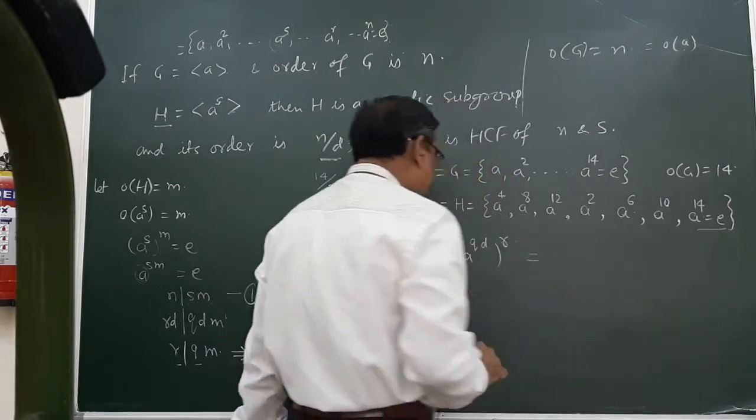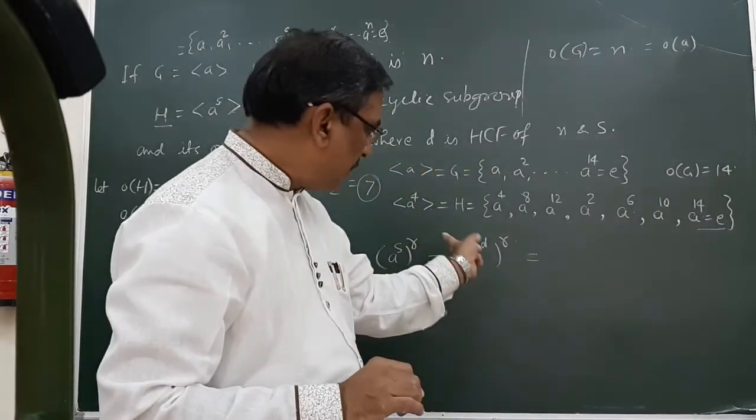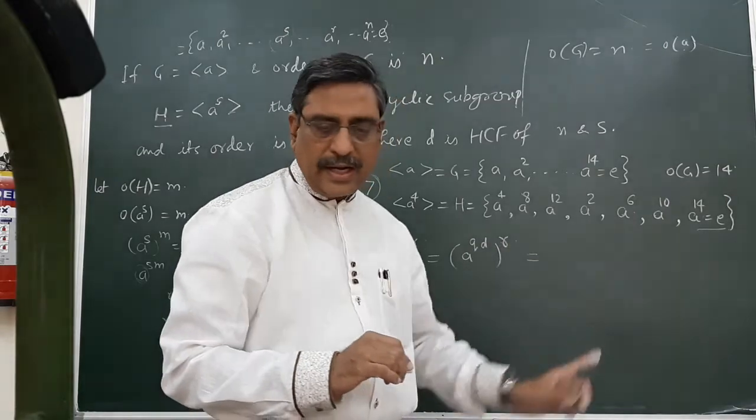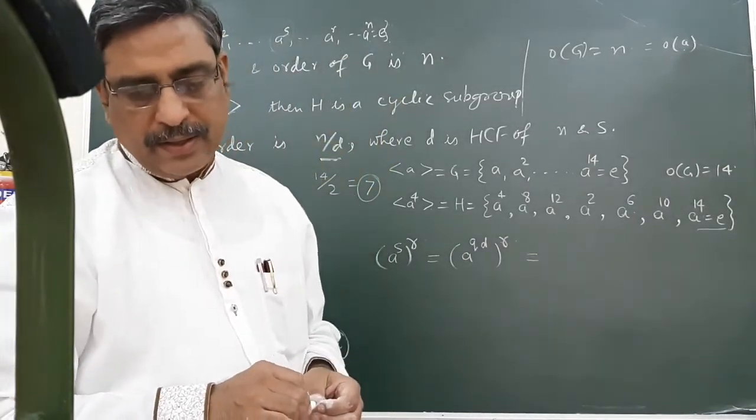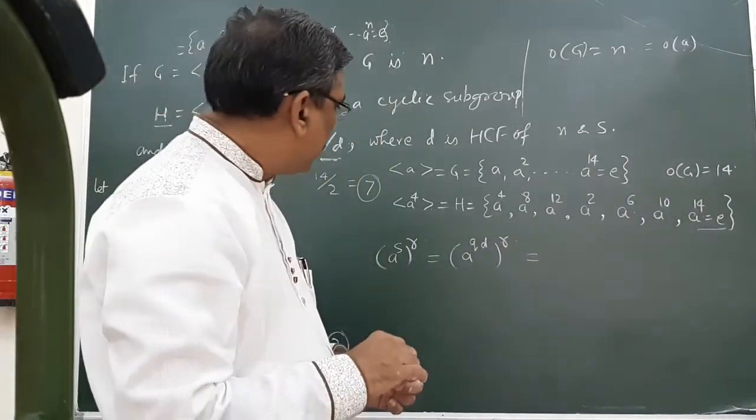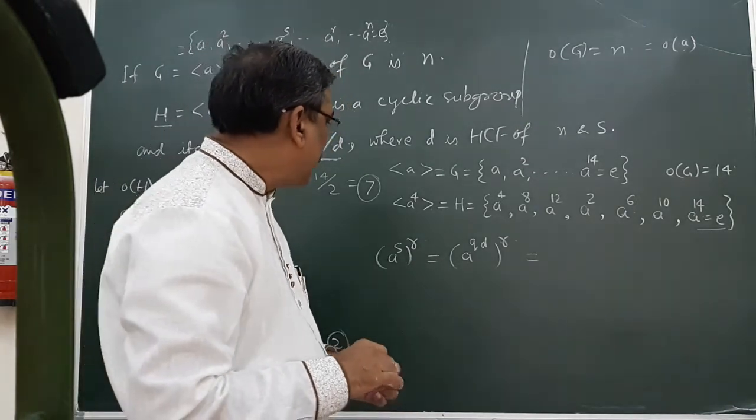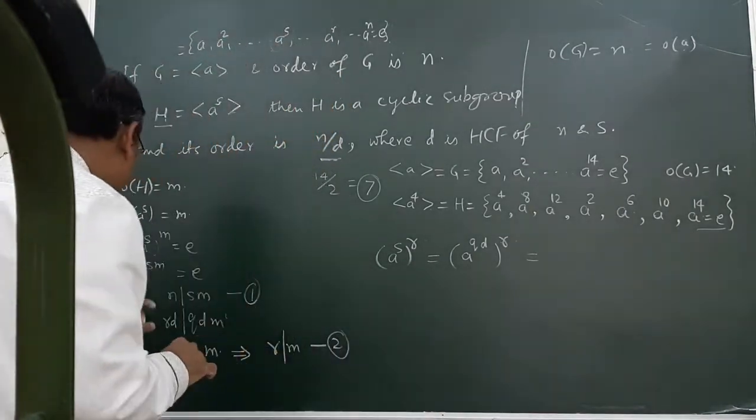And what will it be? A raised to the power QD and R. And N is taken as RD.